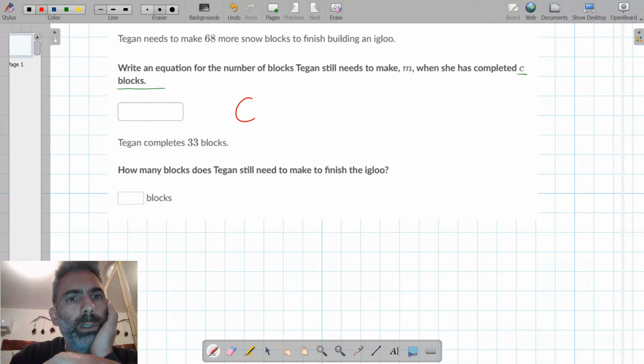I don't understand. Tegan needs to make 68 more snow blocks to finish building an igloo.